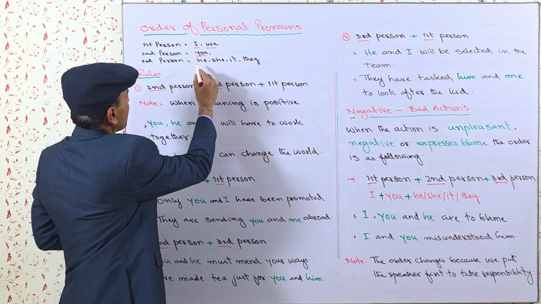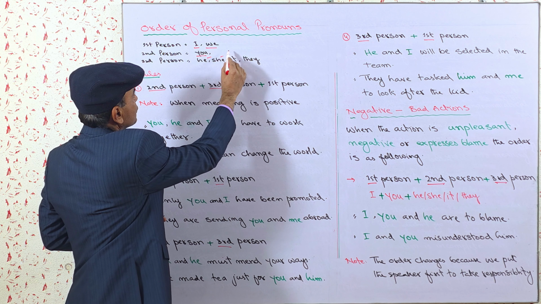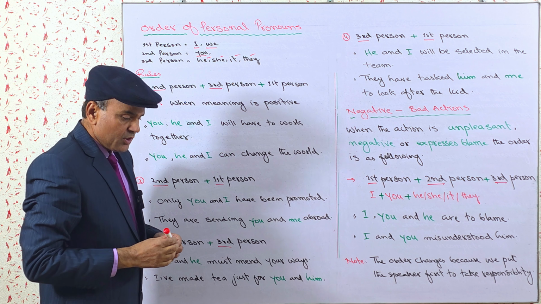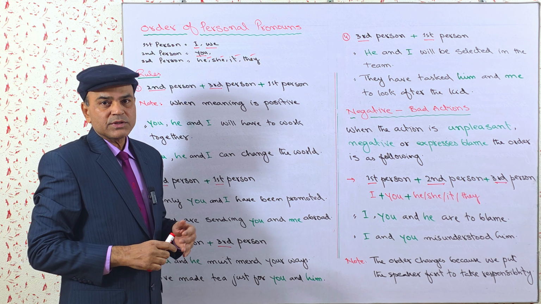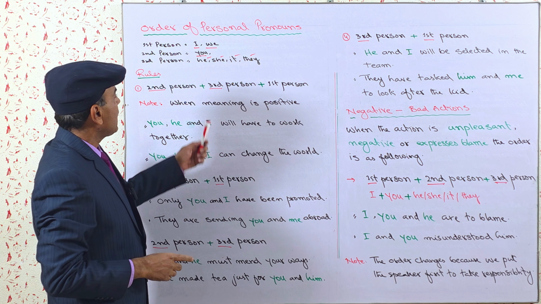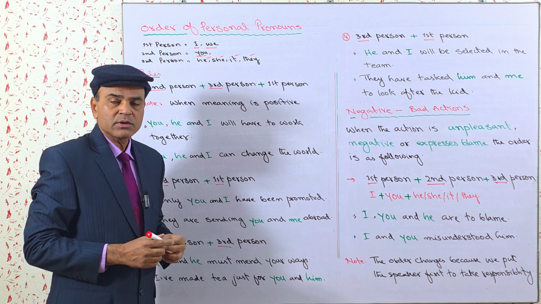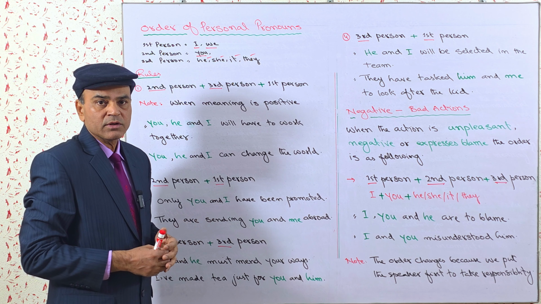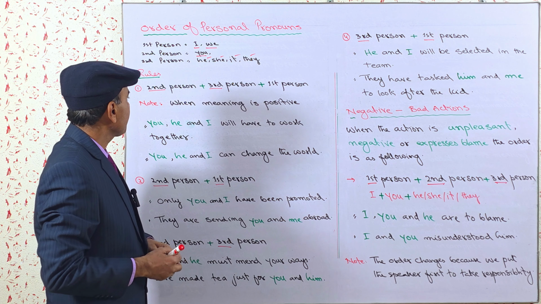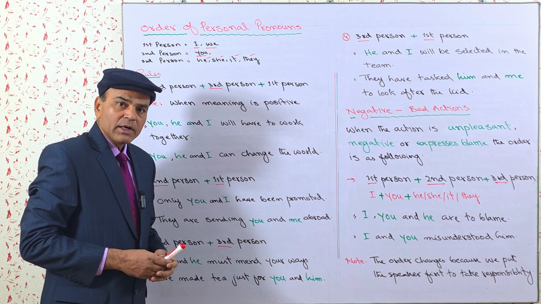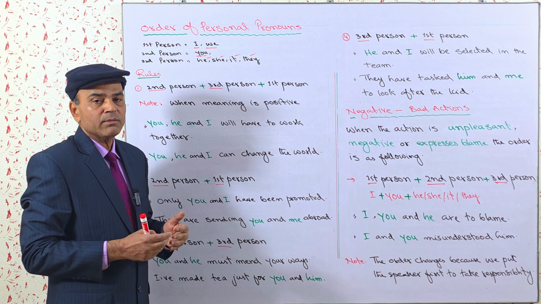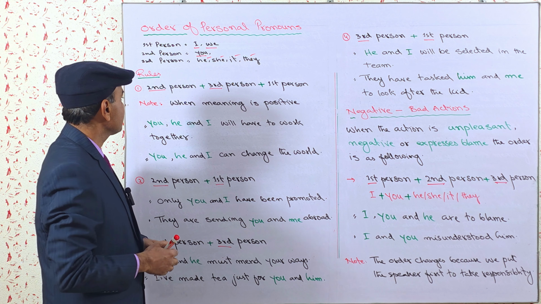And third person pronouns are he, she, it, and they. If you want to know detailed information on these personal pronouns, please watch my video on personal pronouns and their use. For now, let us learn how they can be used when they come together in a single sentence.